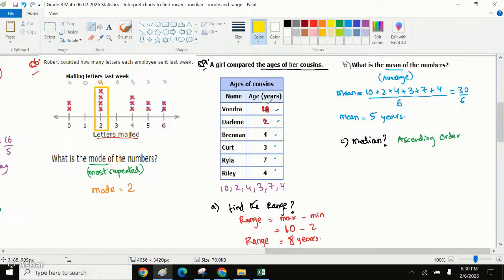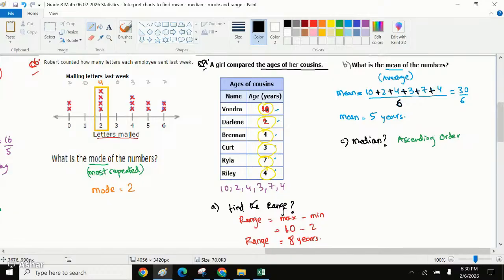Because there are 6 cousins. 1 cousin, 2 cousin, 3, 4, 5, and 6. Because we were adding 6 numbers, right? So in order to find the average, we divided by 6. There were 6 cousins. So the mean age, or the average age, comes out to be 5 years.